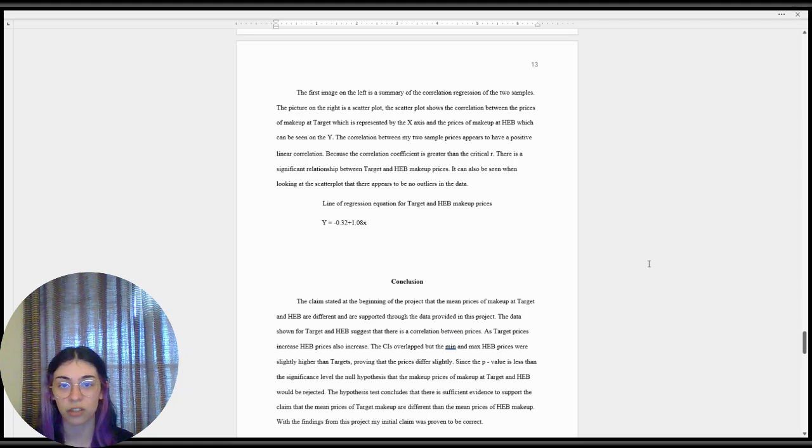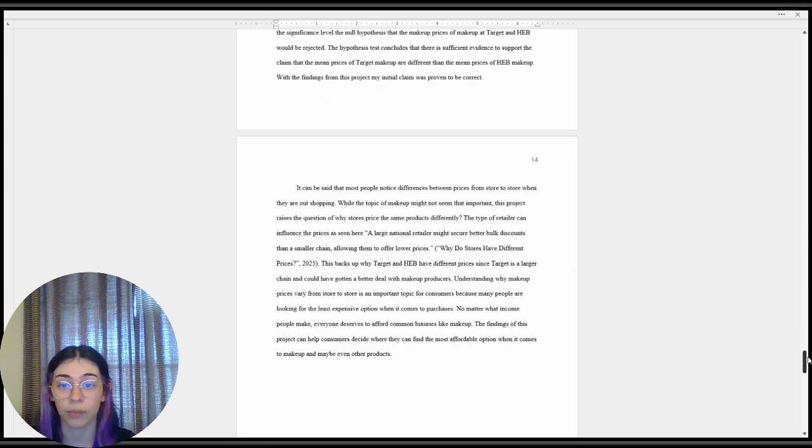Our hypothesis test shows that we have a smaller p-value than our level of significance, meaning that we would reject the null hypothesis that the prices are the same, which supports my hypothesis that the mean makeup prices between Target and HEB are different from one another.